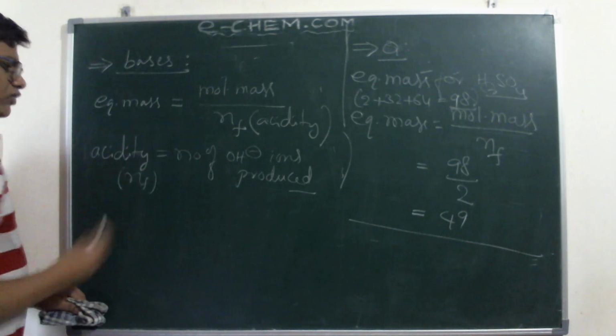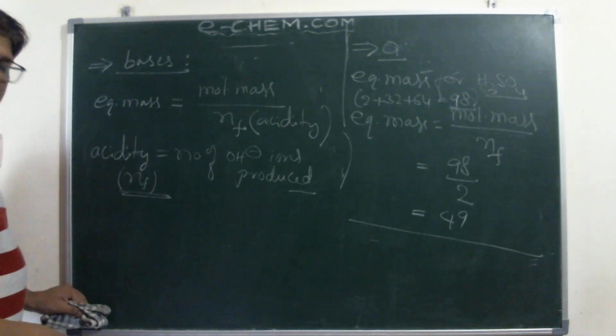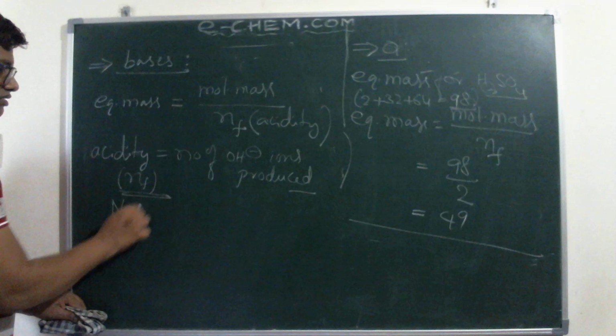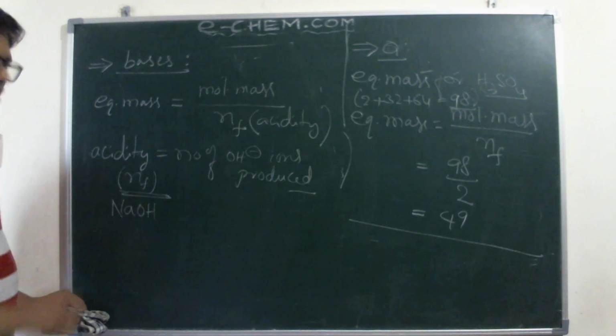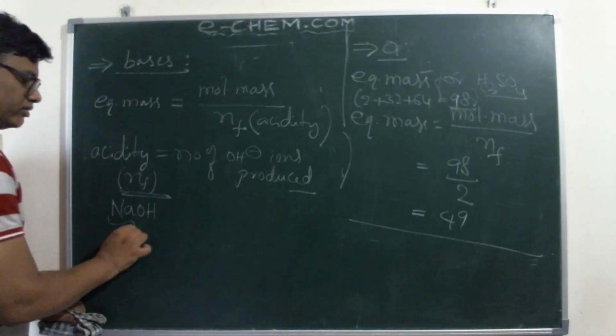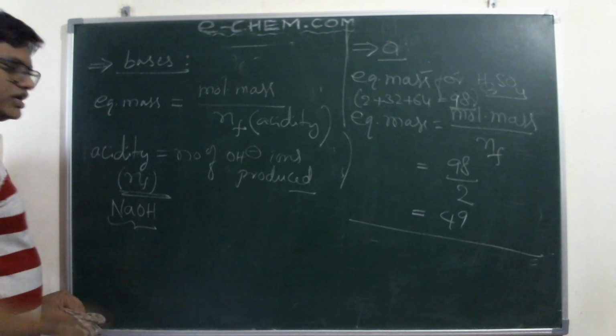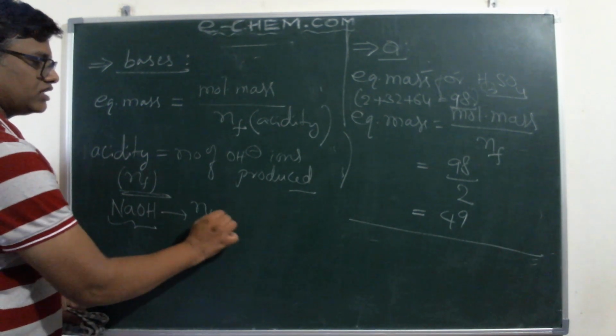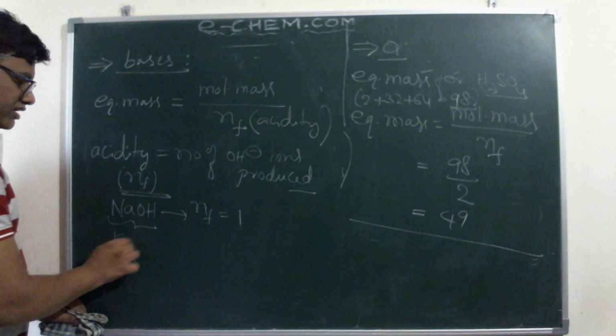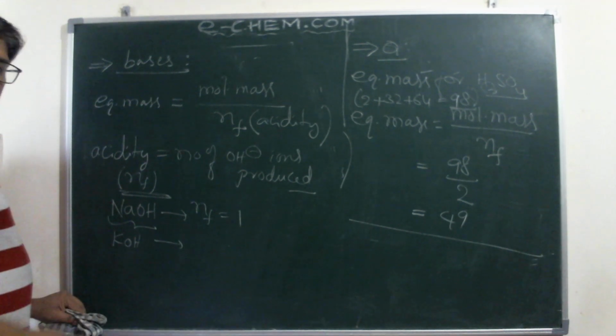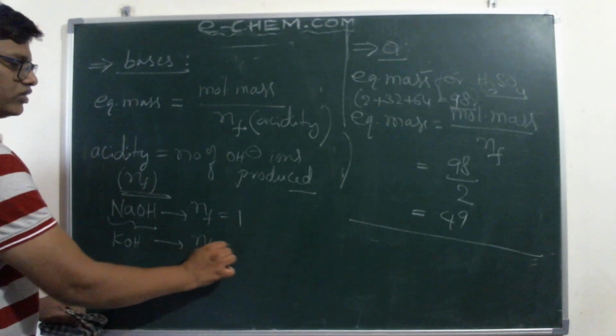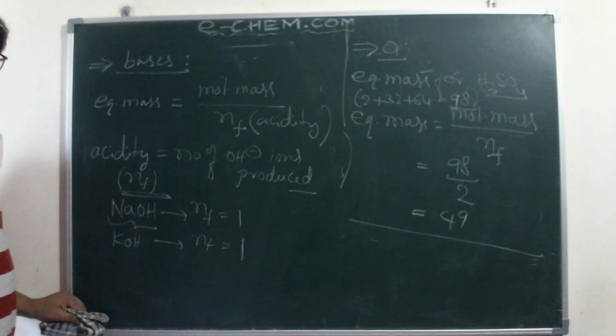If you want to calculate the n factors for these bases, let's see how it has to be. I am taking one example here, sodium hydroxide. This sodium hydroxide can release 1 OH, so the n factor is taken as 1. Potassium hydroxide can release 1 hydroxyl group, that's why the n factor is taken as 1.